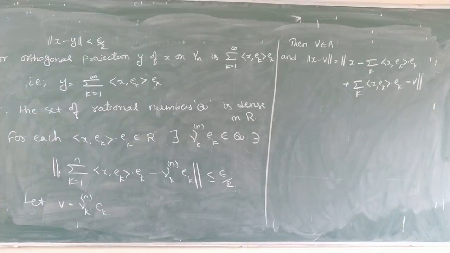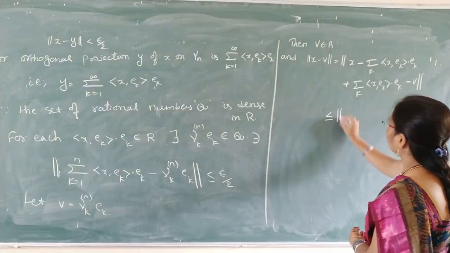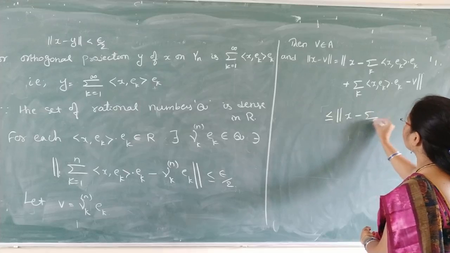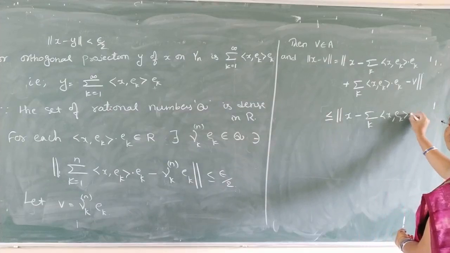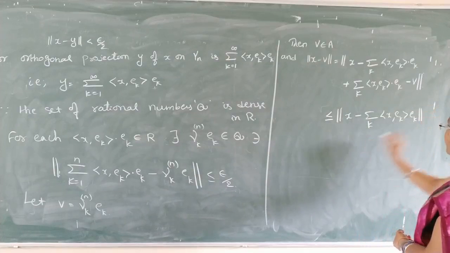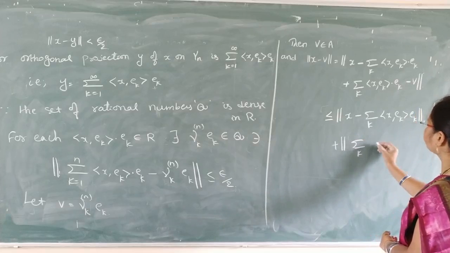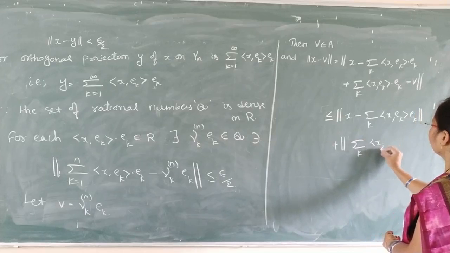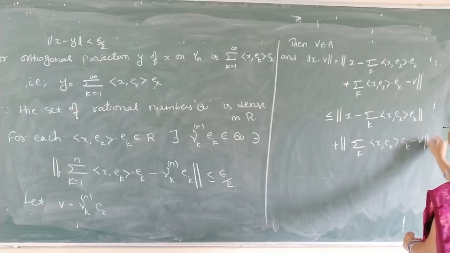Now norm of a plus b is less than or equal to norm a plus norm b. So it is less than or equal to norm of x minus the summation over k of inner product of x comma e_k into e_k, plus norm of the summation over k of inner product of x comma e_k into e_k minus B.